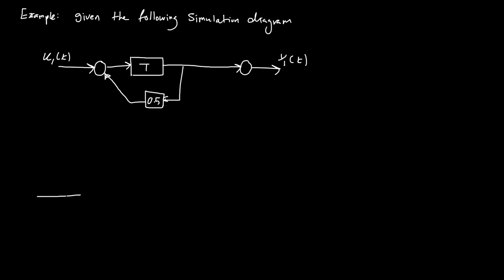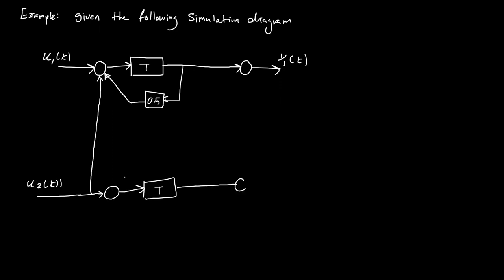and here we have the second input u2 of k, and we have a direct connection. The second input is also injected to the first system. Another unit delay here, and let's assume this is y2 of k.